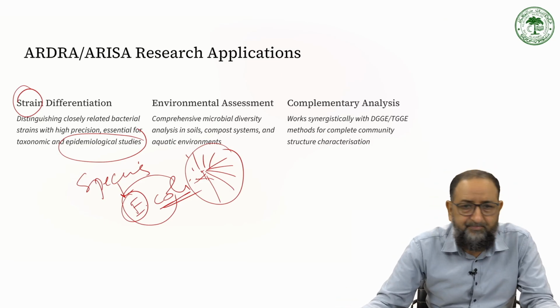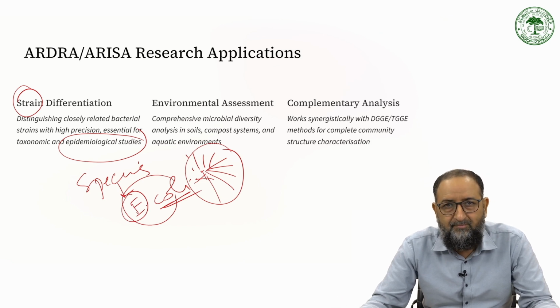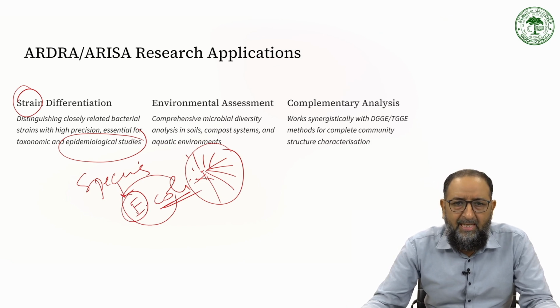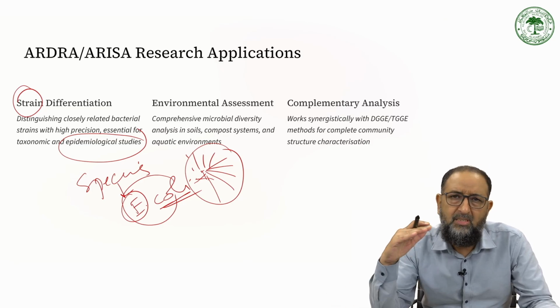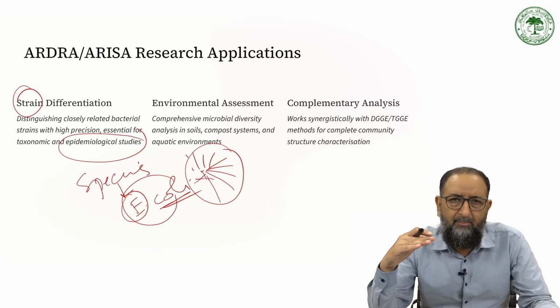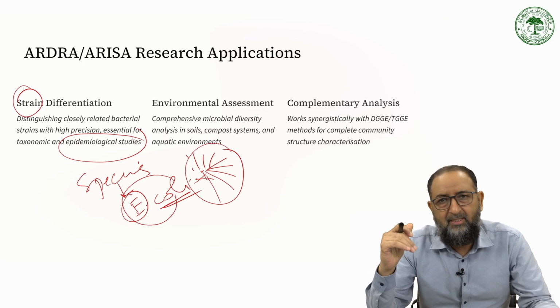Then we have environmental assessment. In environmental assessment, comprehensive microbial diversity analysis in soil, compost systems and aquatic environments is well known. All these environmental conditions can be identified in their variation through these methods.